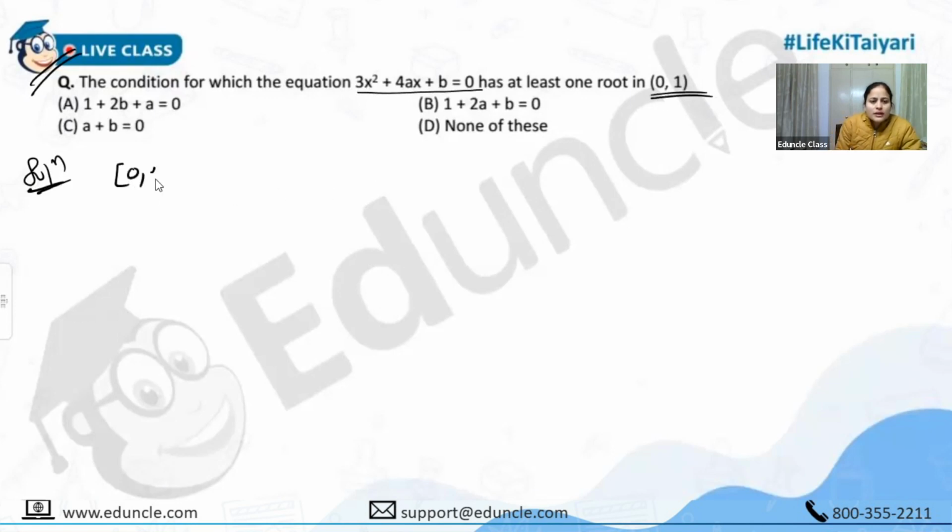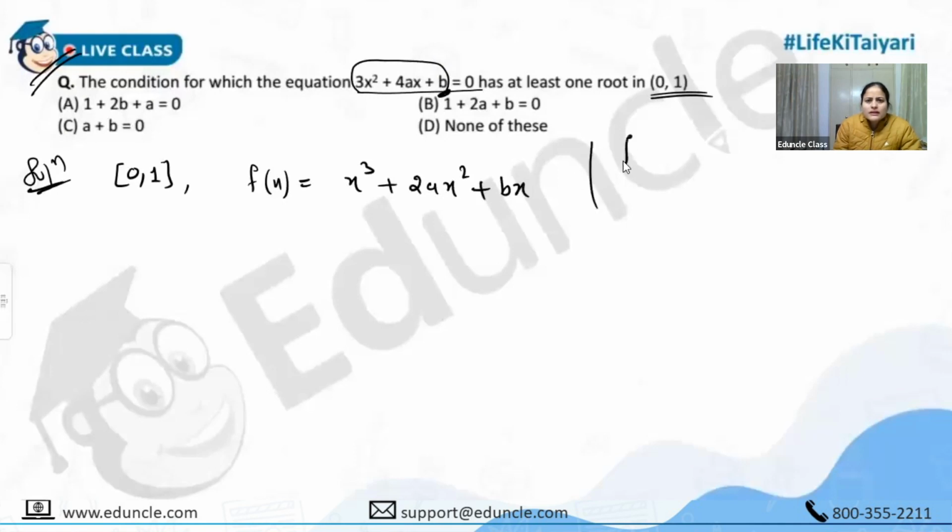So I need to take the closed interval 0 to 1 and apply Rolle's theorem on some function on this interval. Where will that function come from? This equation will be its derivative. If I take the function f of x and integrate, I will have x cube plus 2a x square plus b x. Correct? Keep it as it is.